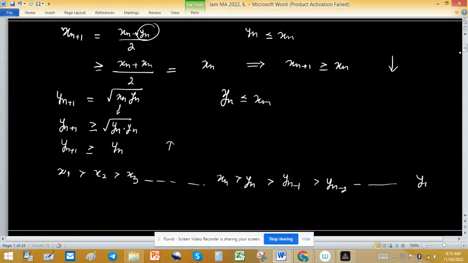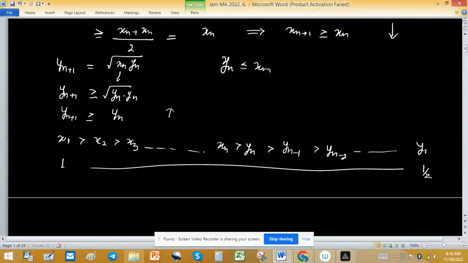From the question as given, x_1 is 1 and y_1 is half. So the other terms of both x_n and y_n are between 1 and half.